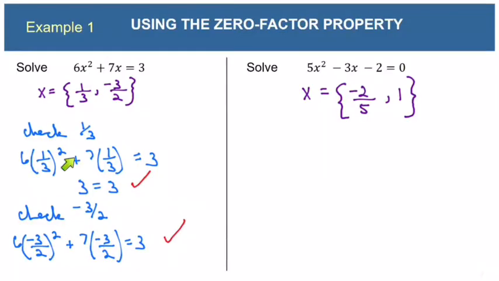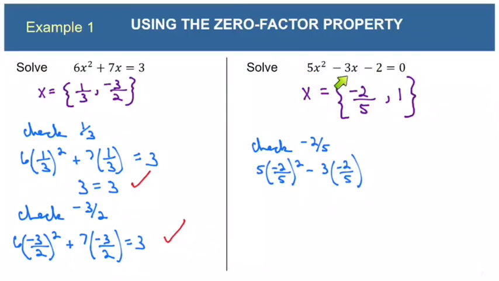So we see that these first two solutions both check, and then we can do a similar thing for the next example. So 5 times negative 2/5 squared minus 3 times negative 2/5 minus 2 should equal 0. And you can easily plug that into your calculator and press equal and see that you get 0. And then plug in the 1.